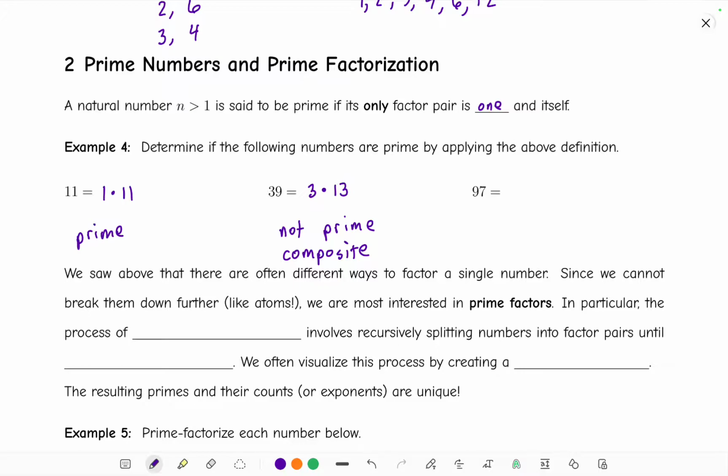97. This one can be a little tricky. I know 2 doesn't work, 3 doesn't work, 4 doesn't work, 5 doesn't work, 6 doesn't work. Does 7 work? 97 divided by 7.